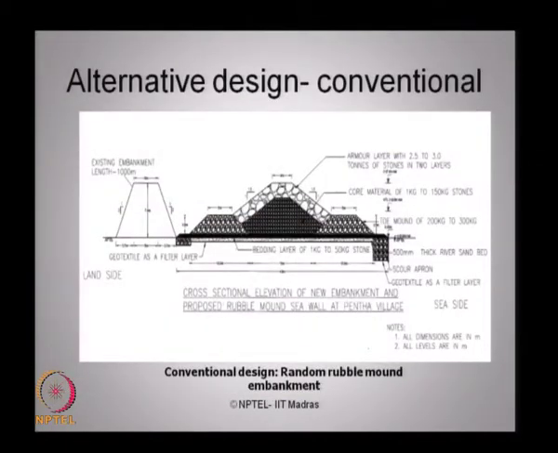If you look at a conventional design of embankment protection using a rubble mound design, this is what people generally do, where the core material is essentially a hard rigid core material of 150 kg stones, which is covered by an armored layer of about 2.5 to 3 tons of stones in 2 layers.